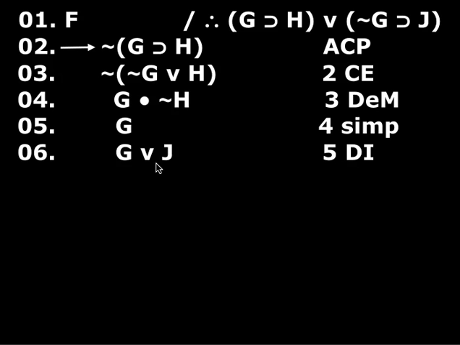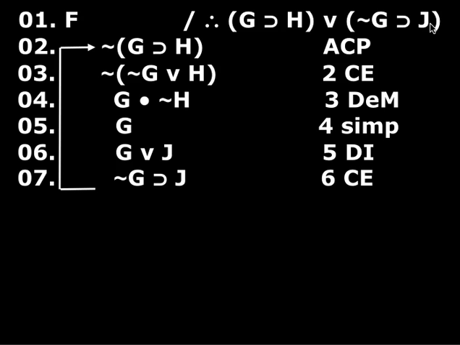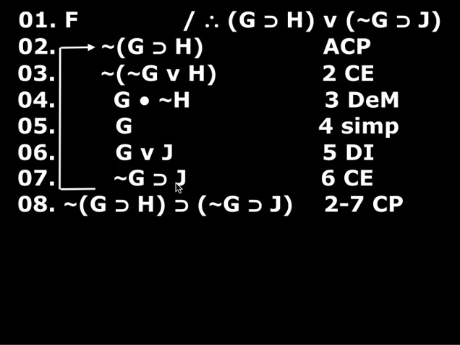I can use DI to get either G or J, do conditional exchange. If not G, then J. Now I've got this. Okay. So I managed to derive the consequent of the conditional I want. So now's a good time for me to end this subproof. Boom, boom, boom. Next line can only be a conditional that has this antecedent and that consequent.